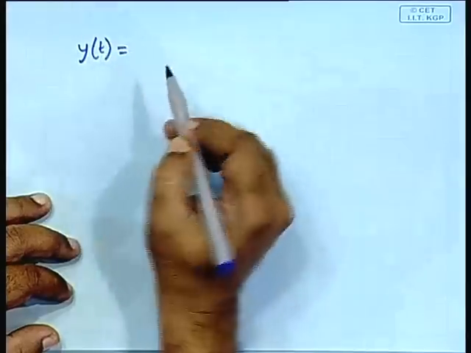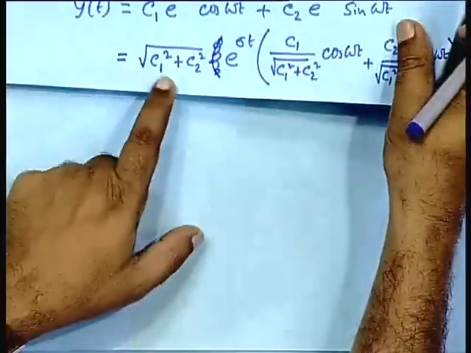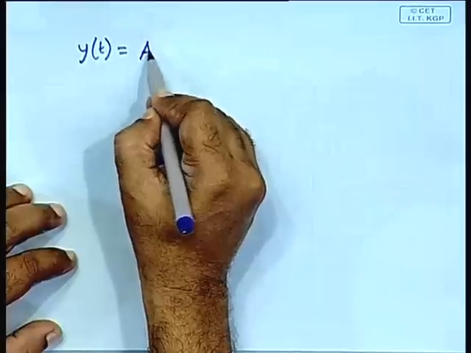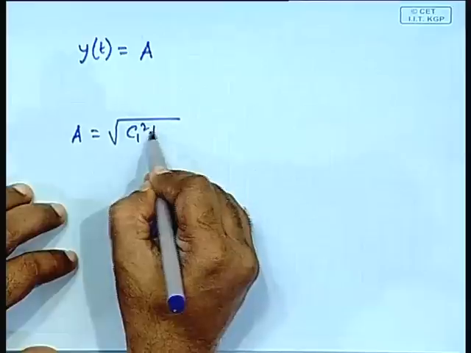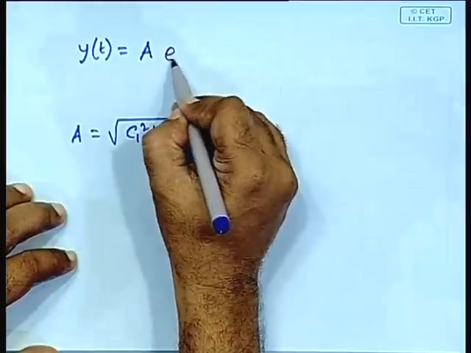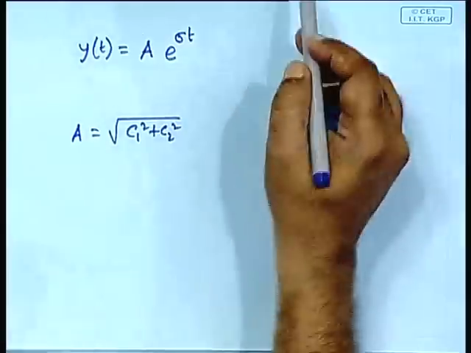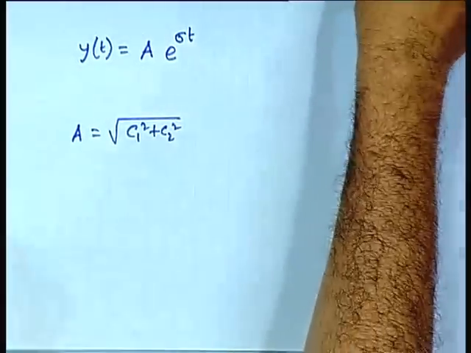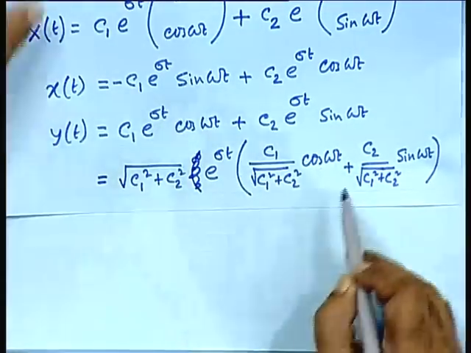Yes, that will come. So, y t is equal to, this term will remain. So, it is some magnitude A. So, we will write A is equal to root over C 1 square plus C 2 square, A e to the power sigma t, then it will be cos omega t sin, cos.